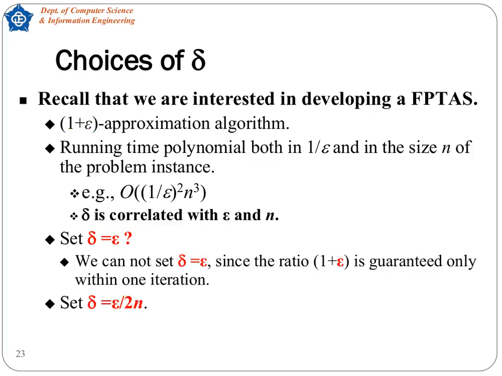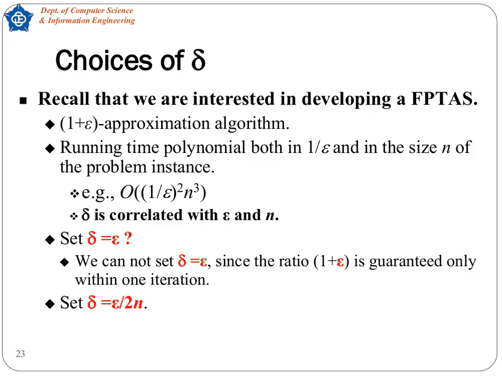Building on our previous discussion, let's now zero in on how to pick delta for our fully polynomial time approximation scheme. Recall that an FPTAS delivers a 1 plus epsilon approximation in time polynomial in both 1/epsilon and the input size n, for example, O(1/epsilon squared times n cubed).